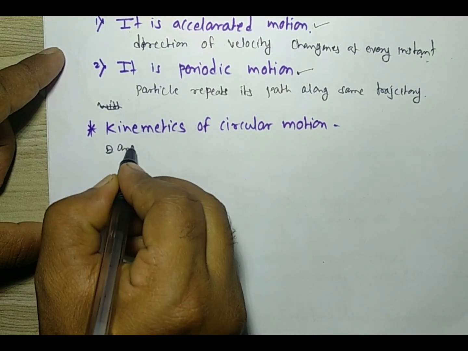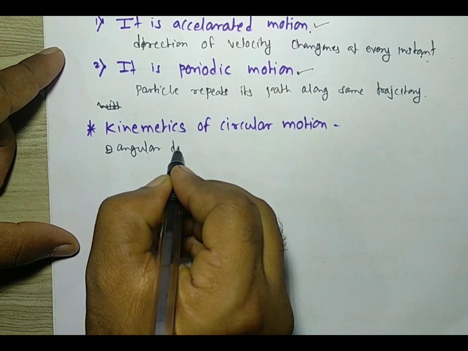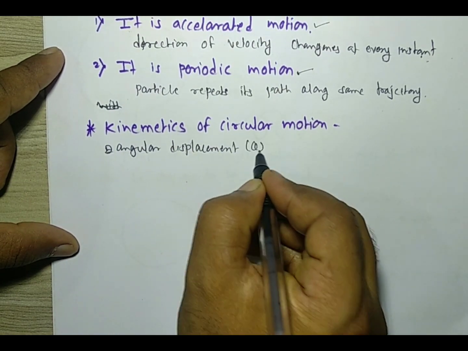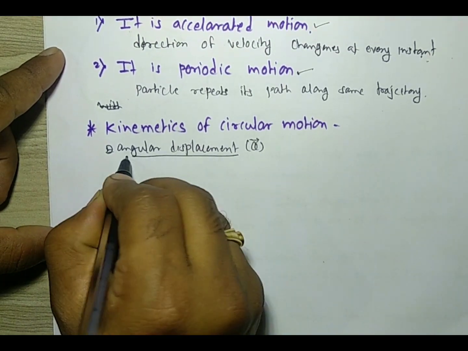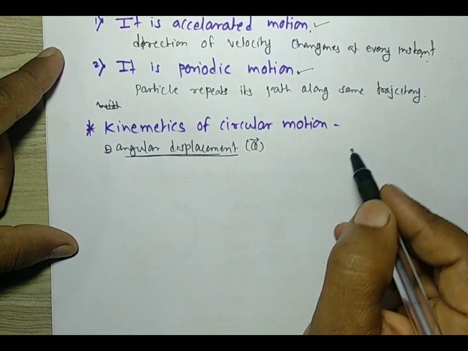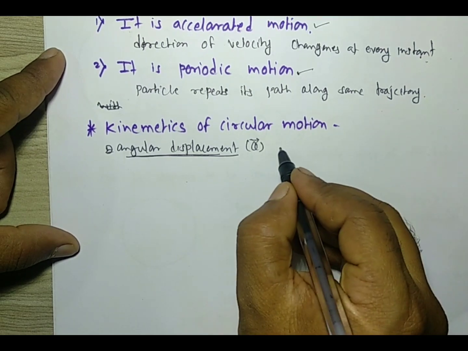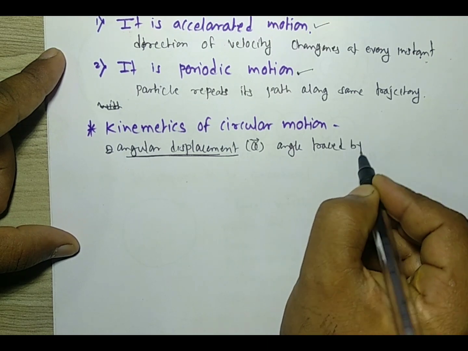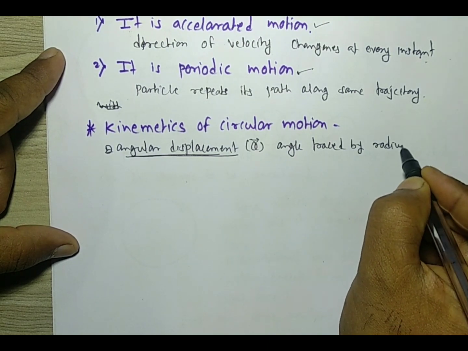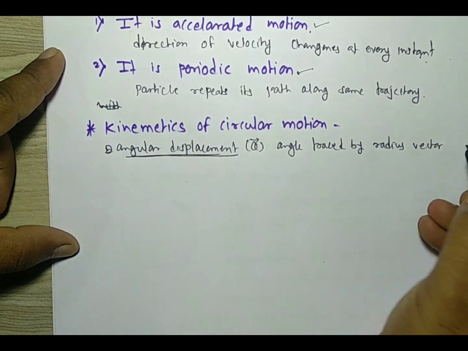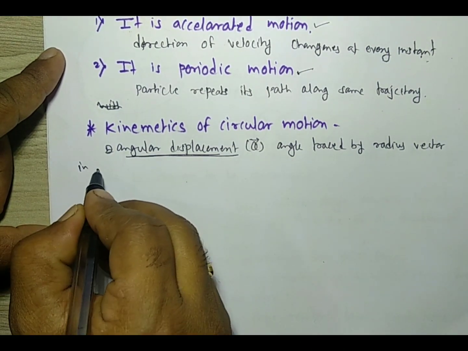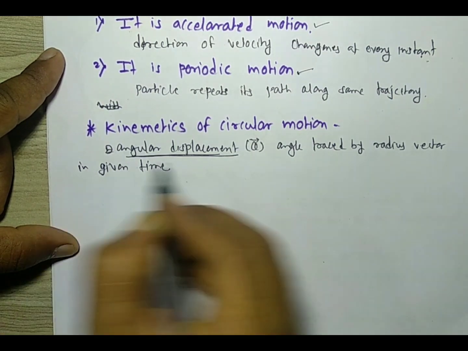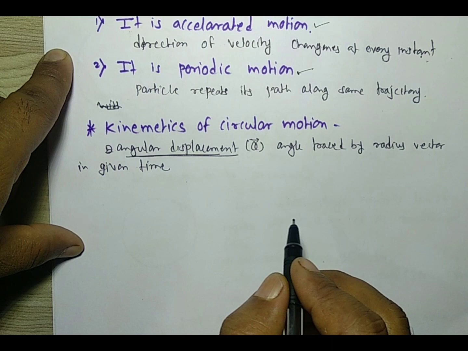Angular displacement is given by theta bar. Angular displacement is nothing but the angle traced by the radius vector in a given time. Then it is called angular displacement theta.